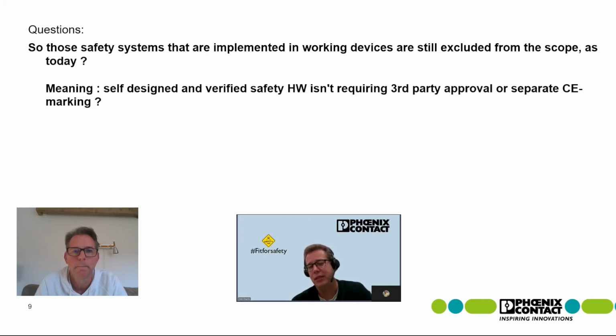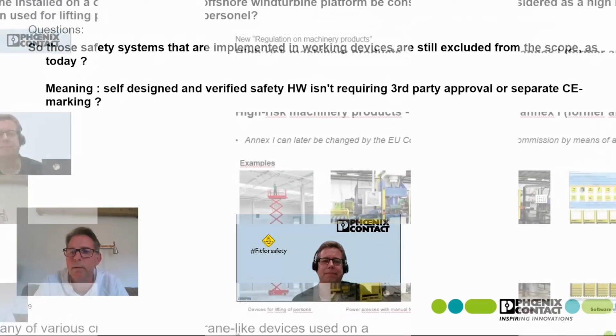The software will be implemented at a later stage, maybe during an upgrade, and if that upgrade has to be considered as a substantial modification, then this safety-related software needs to be seen as a safety component, which does require a declaration of conformity later. Okay, thank you so much for that one.